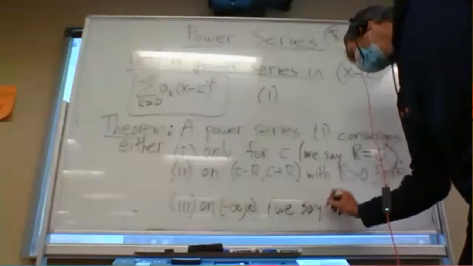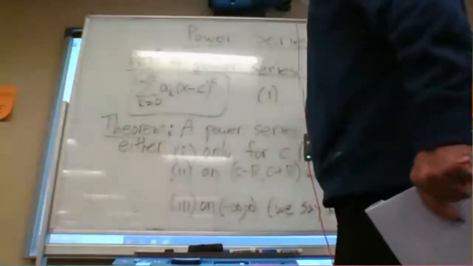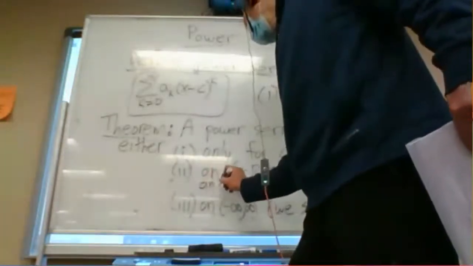On minus infinity to infinity, and we say that r, the radius of convergence, is infinite.